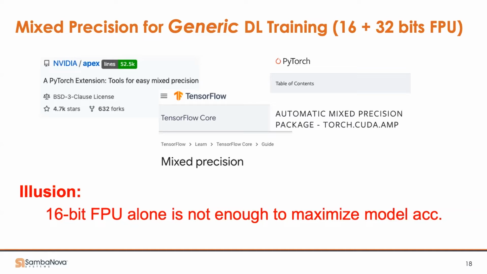What that means is that for all weight values in the graph, they also maintain a 32-bit weight copy in memory, apart from the 16-bit weight copy that exists. Now, the forward and the backward parts of the graph are executed using the 16-bit precision values of the weights. However, the optimizer section is generally executed using the 32-bit precision values of the weights.